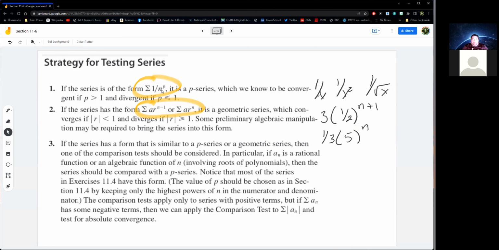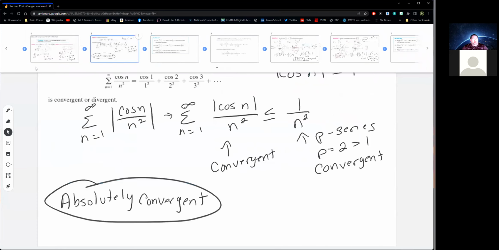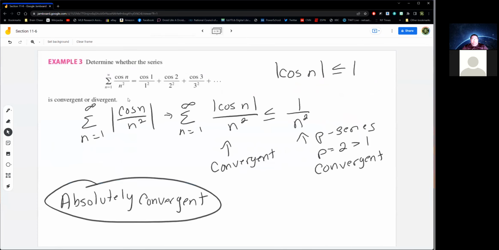The next thing we look for is, can I compare it to a P series or a geometric series? So if I have a problem like the one we did today with the cosine, this is a great example.